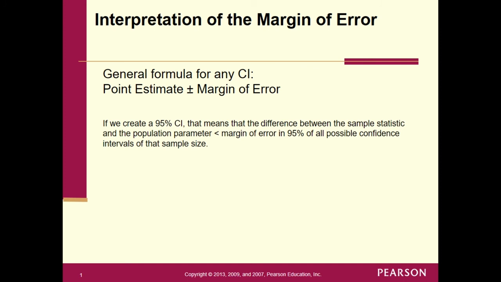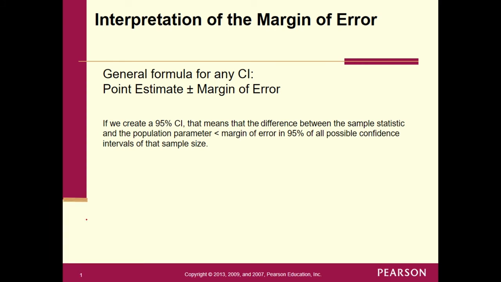So let's start off with this: if we created a 95% confidence interval, that means the difference between the sample statistic and the population parameter will be less than the margin of error in 95% of all possible confidence intervals of that sample size. And that was a mouthful, but let me break it down. Let's make it a little shorter here. What is it saying?